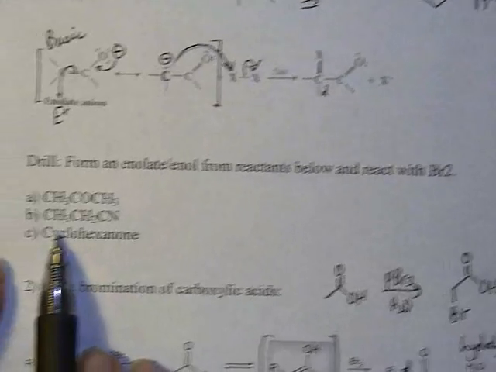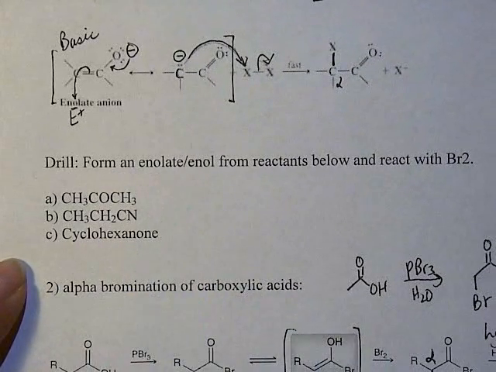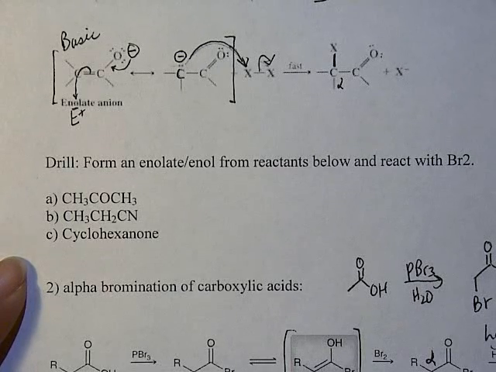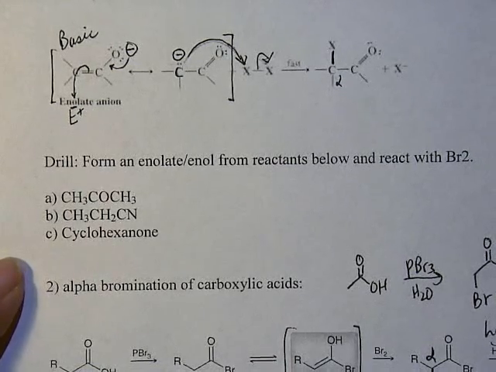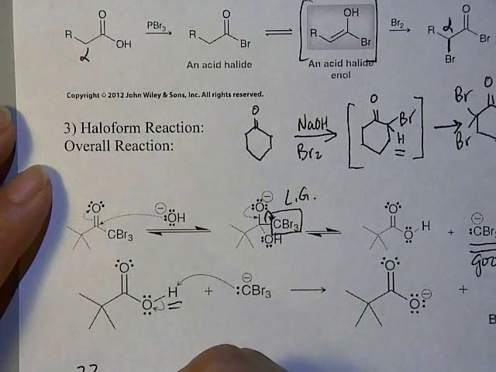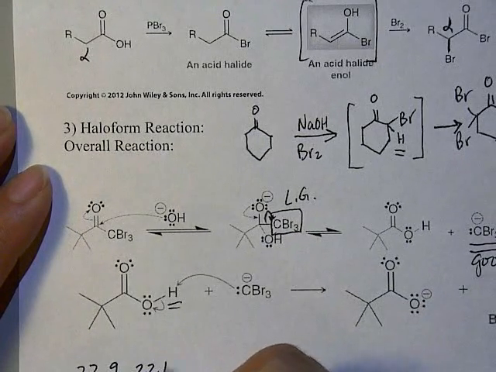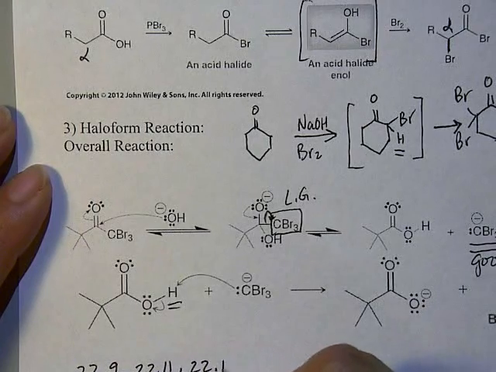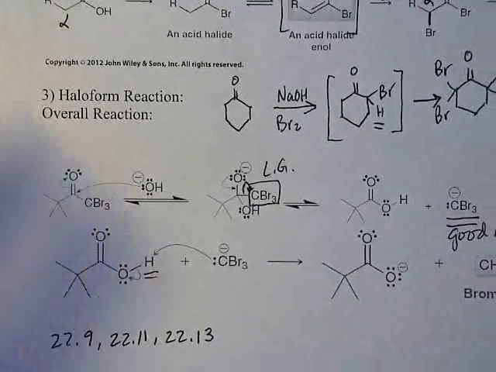So that concludes this lecture, and you should be able to do this drill question, in which I ask you to react with the bromine after forming the enol or enolate, depending on the conditions, so you should be able to do both under acidic and basic conditions as well. And at the end, you should be able to do 22.9, 22.11, and 22.13 as well.